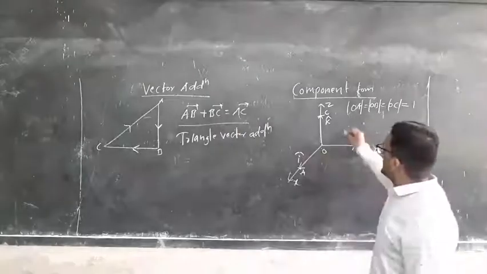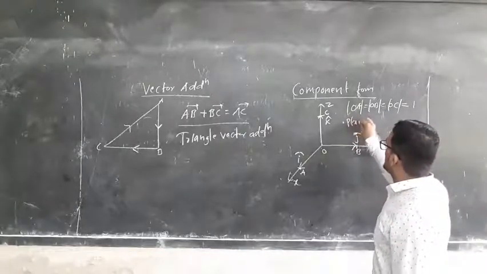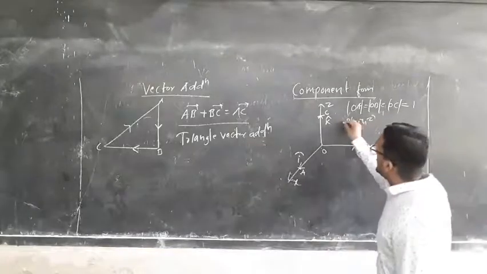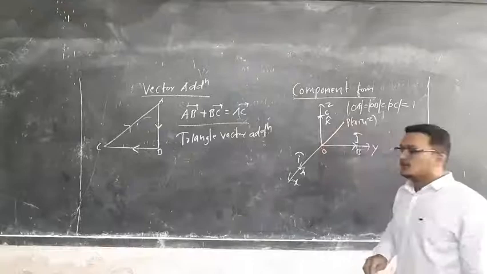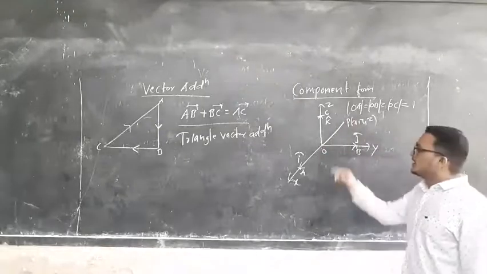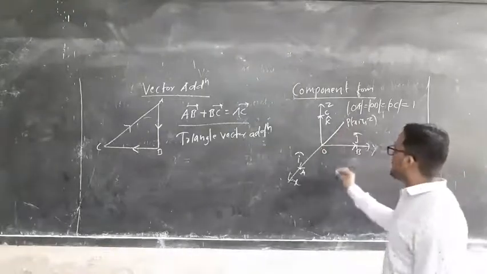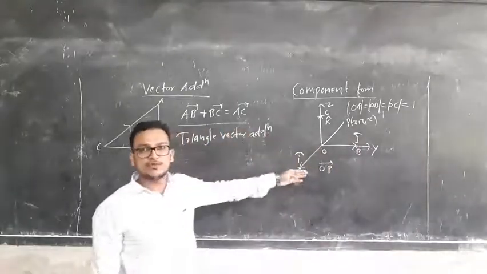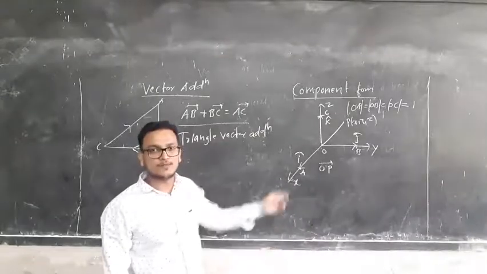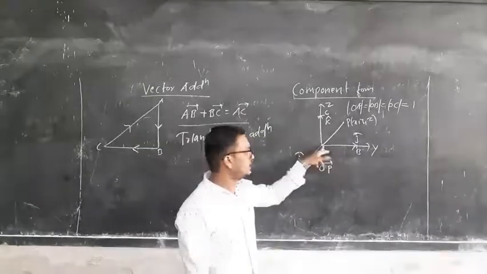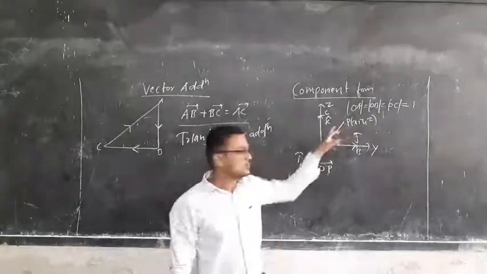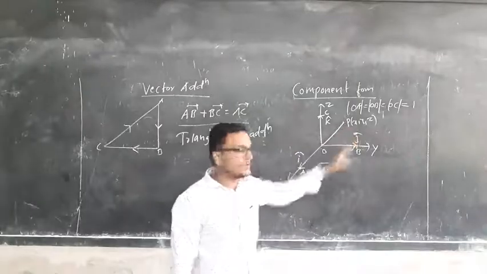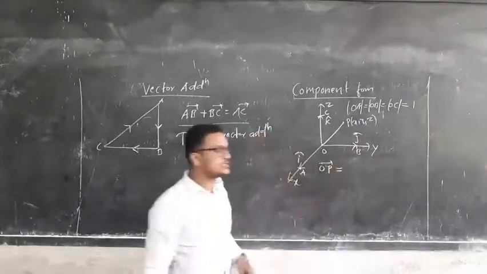Then I am going to take a point P in the plane and join it with respect to origin O. Here we form a vector OP, and this vector OP is called the position vector of the point P, because it contains an initial point and a terminal point.